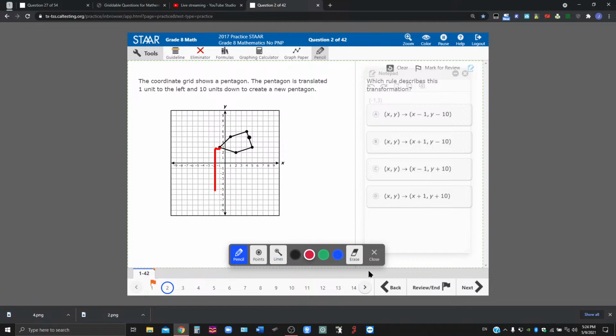So let's do it again. 1 unit left, and 10 units down: 1, 2, 3, 4, 5, 6, 7, 8, 9, and 10. All right, so that's our new point, and that point is at -2 and -7.